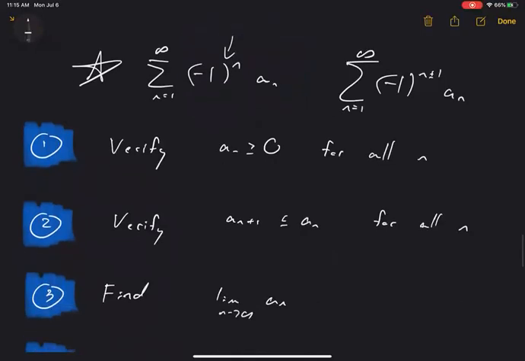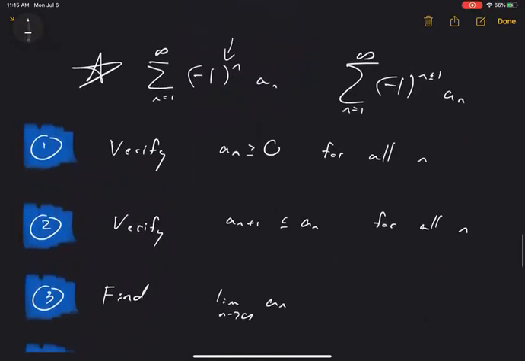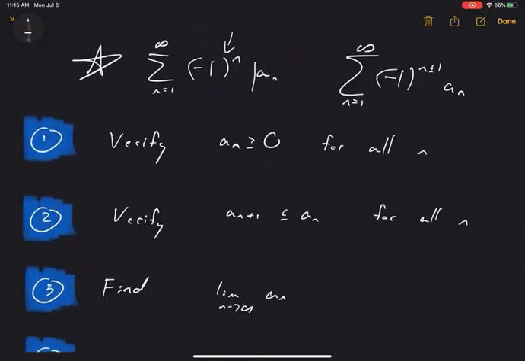First, we need to check our 3 conditions. We need to verify that this an part, this numerical part, is always greater than or equal to 0. So I need to be able to write it as a -1 to a power, n, n-1, n plus 1, and then all the rest needs to be a positive numerical part.